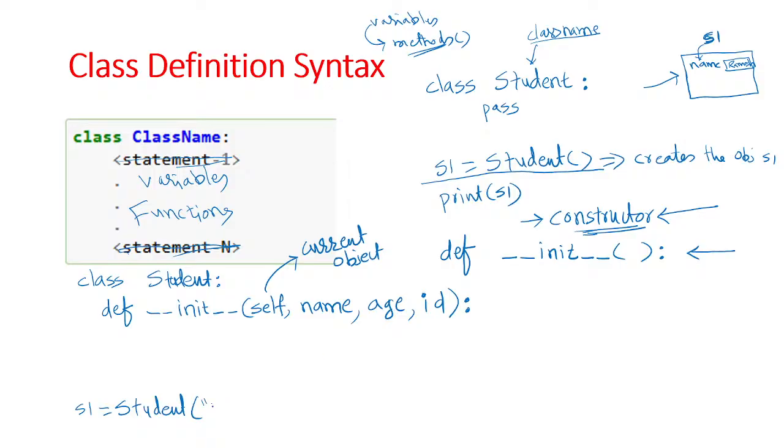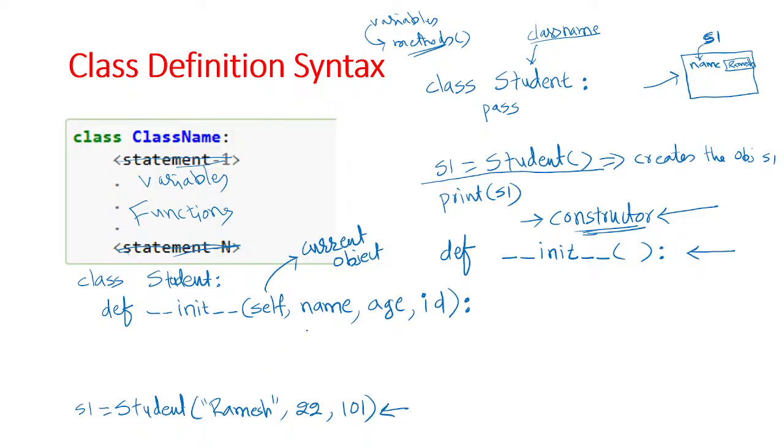The name is something like Ramesh, then the age 22, then the id 101. This statement creates the object called s1.